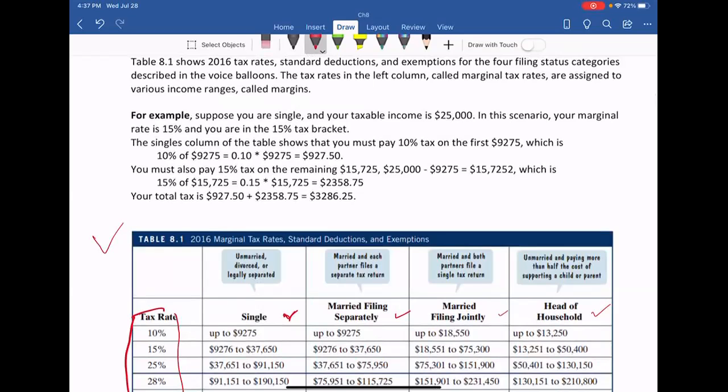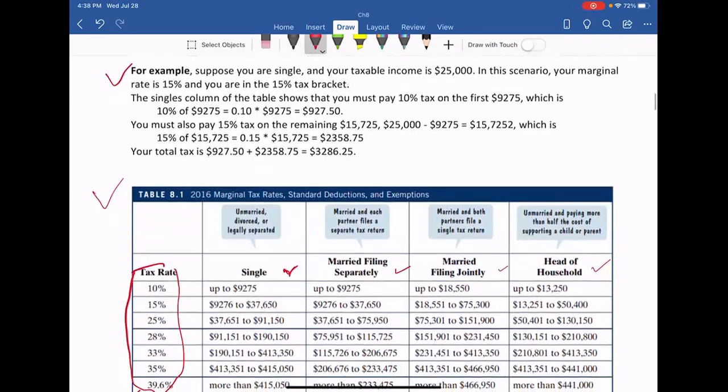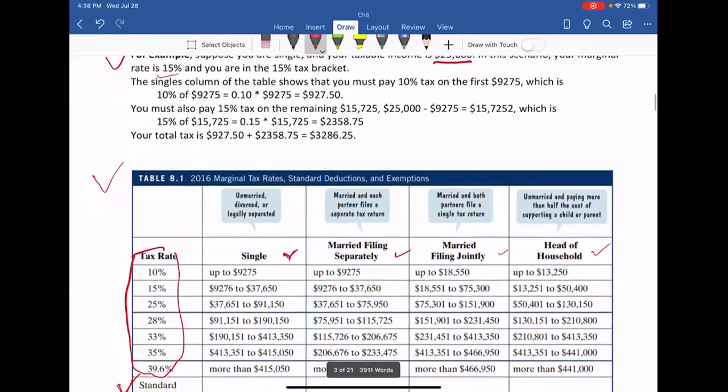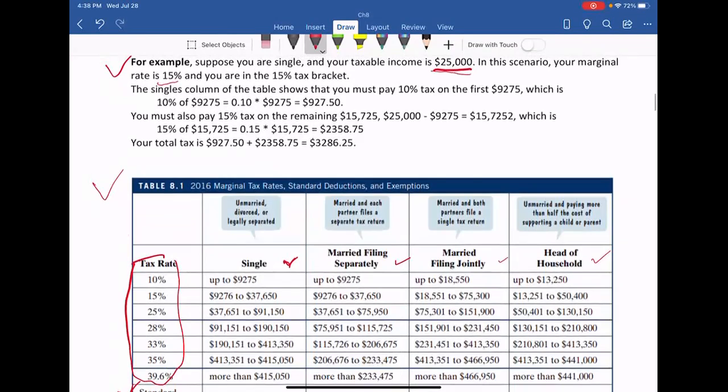So let's see the example. Suppose you're single and your taxable income is 25,000. In this scenario, your marginal rate is 15%. Let's see. We have 25,000. You are single.